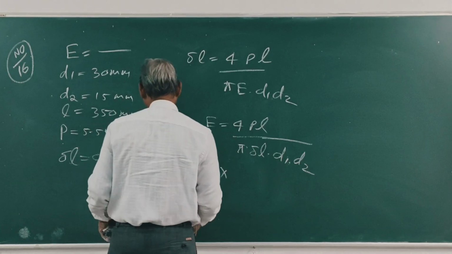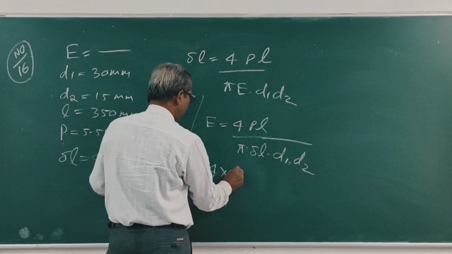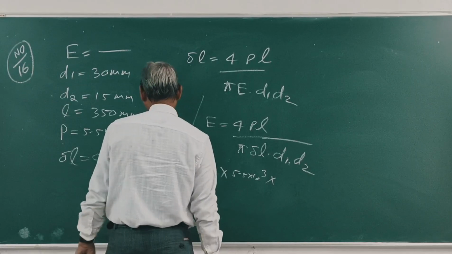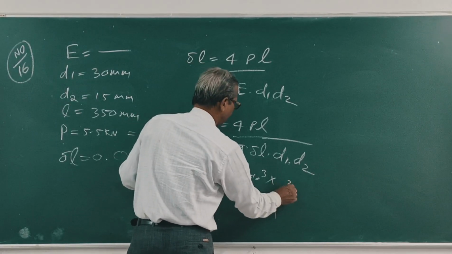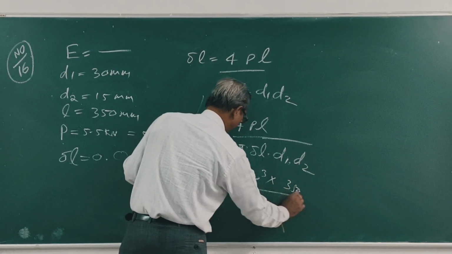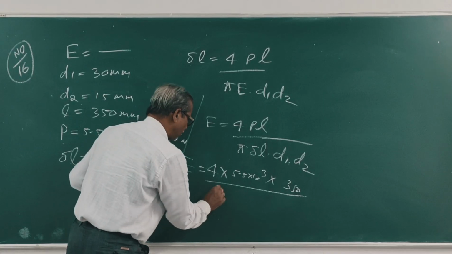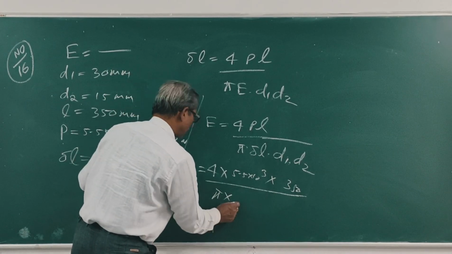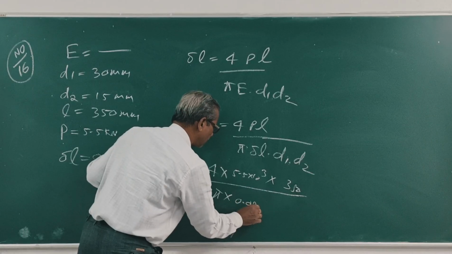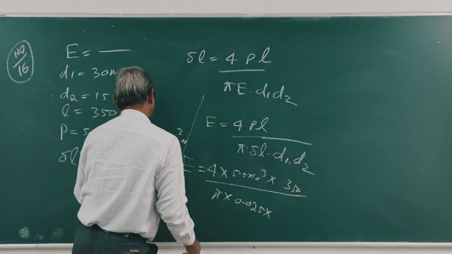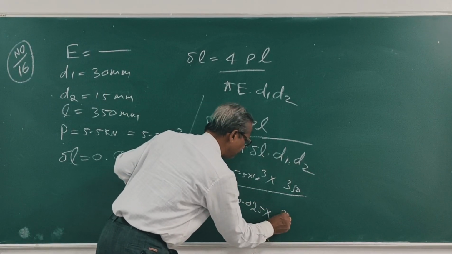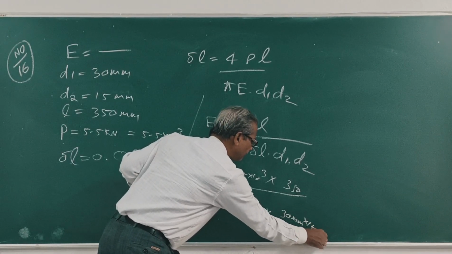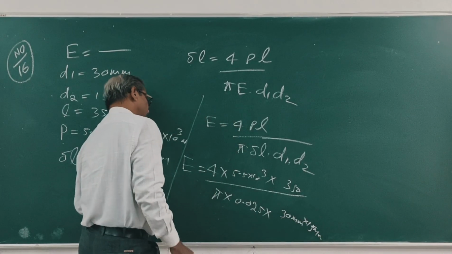E is equal to 4P, 5.5 into 10 to 3, L 350 mm, by pi into delta L 0.025, D1 30 mm into D2 15 mm. Right?